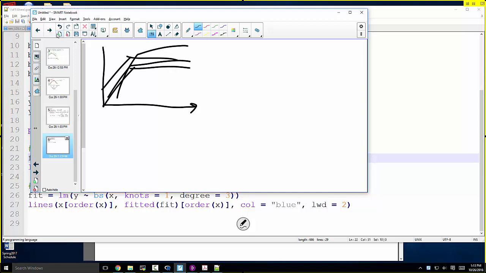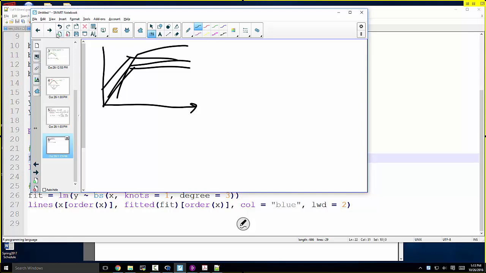And you eyeball the spaghetti plot and you ask, what kind of curve does it look like is needed to capture that, roughly speaking? Doesn't look linear. Maybe a little bit of a curve, maybe just piecewise linear. So make pictures, I would say, make pictures.